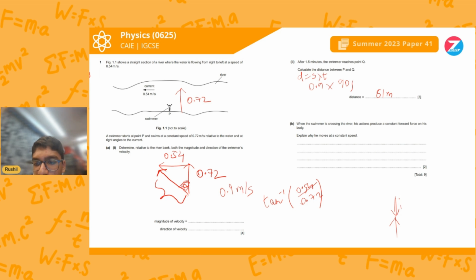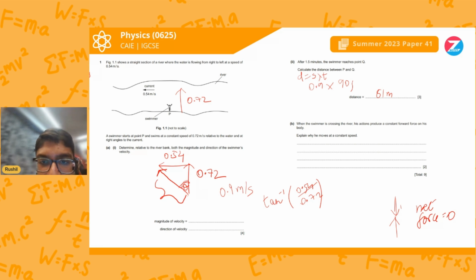And this resistive force is equal to the constant force provided by the swimmer. So your net force becomes zero. Since there's no net force, there's no acceleration, because acceleration is equal to force by mass and net force is zero. So since there's no acceleration, it moves at a constant speed.